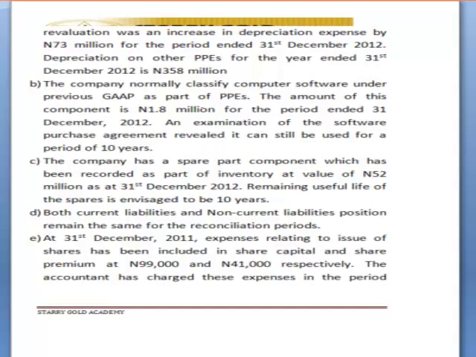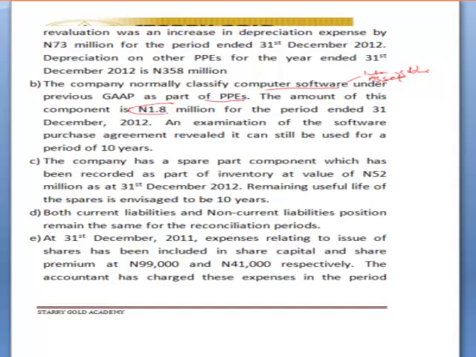Now if you look at what we have here, the computer software under previous GAAP, the issue is that he has classified this as part of PPE, and this should have been what? Intangible assets. For every question, with additional information in the question, you need to be able to identify what is to be done. It means you need to reclassify computer software. You need to deduct it from property, plant and equipment.